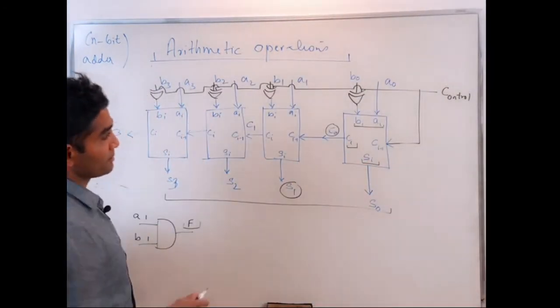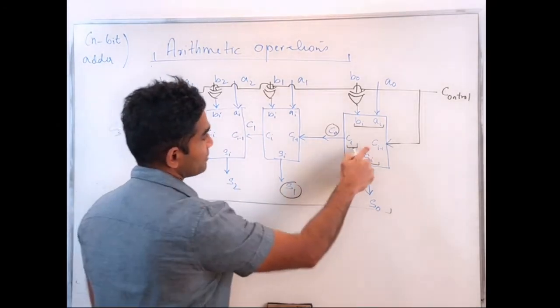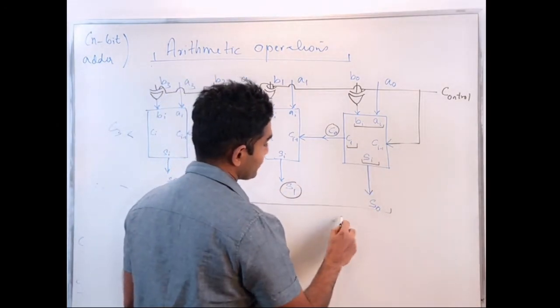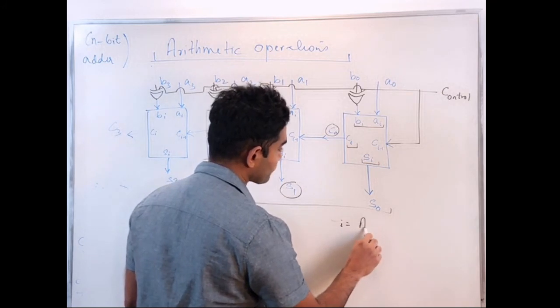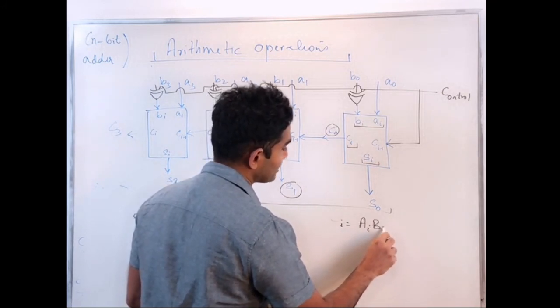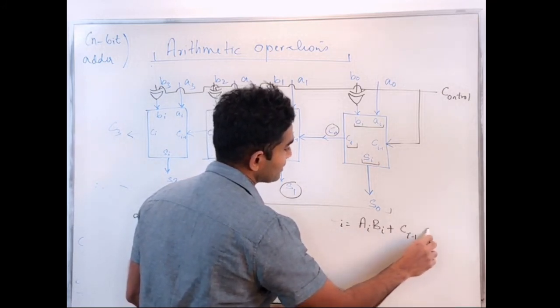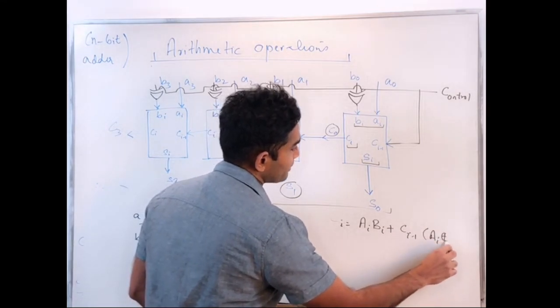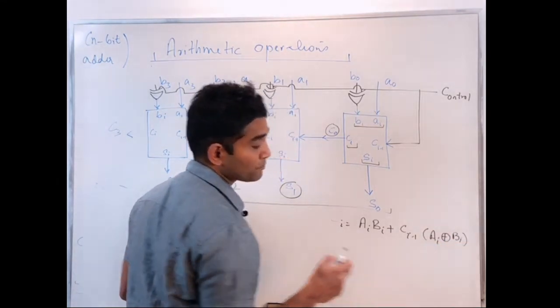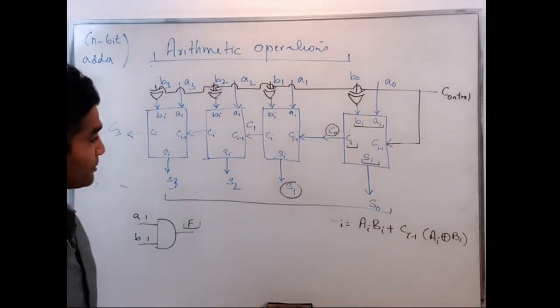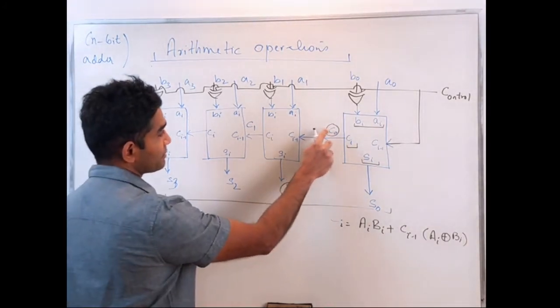For example, that's exactly what's happening here, right? My Ci, if you recall, has to perform this operation: Ai times Bi plus Ci minus 1 times Ai exclusive-OR Bi. So each of these gates has to operate and switch its value to get my Ci.